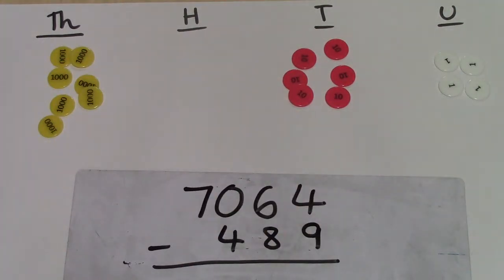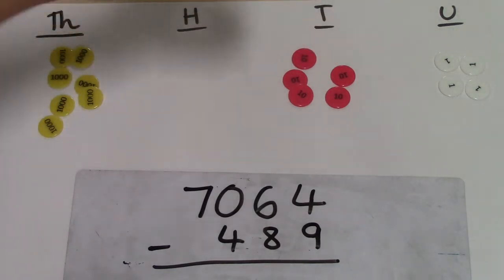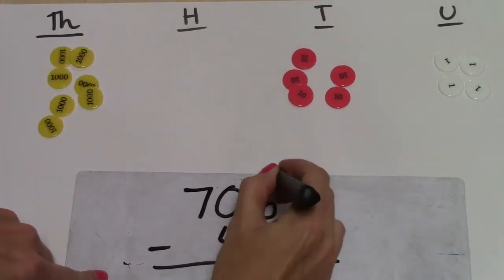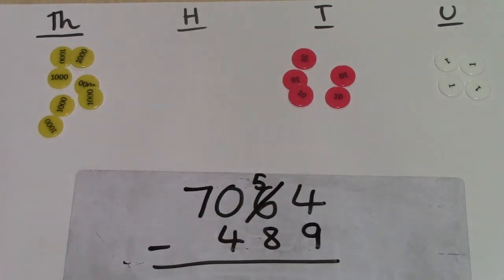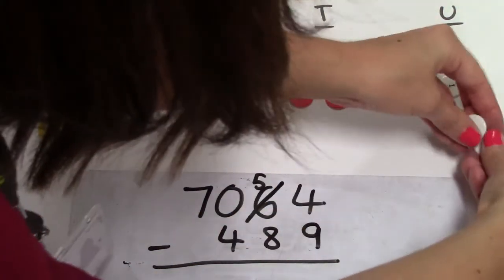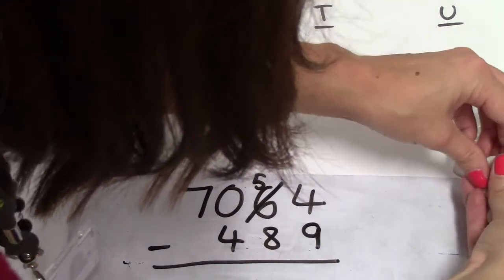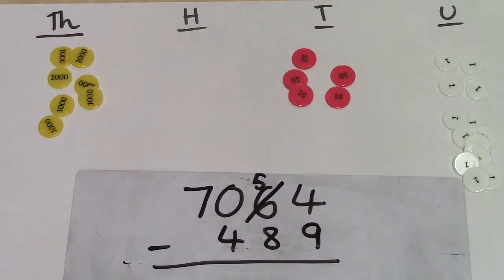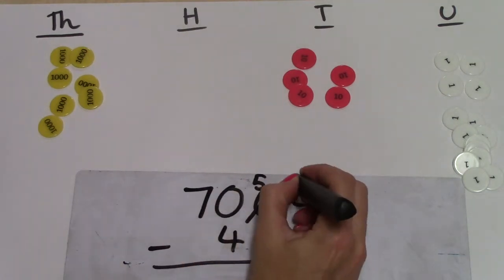Right, I can't do that, I've only got 4, so I'm going to exchange one of my tens, leaving 5 tens remaining, and 14 ones. Okay, and now I'm just going to show that using my written method alongside.